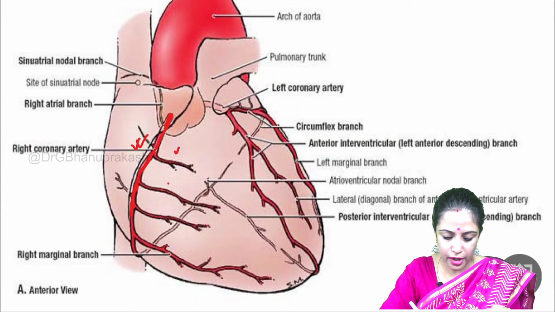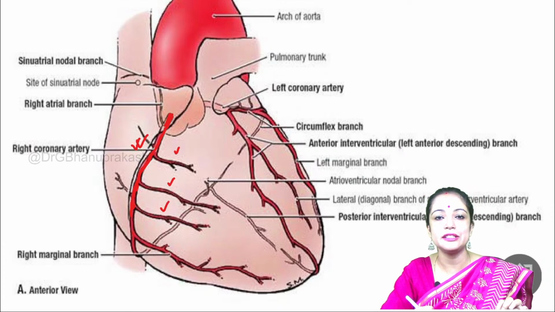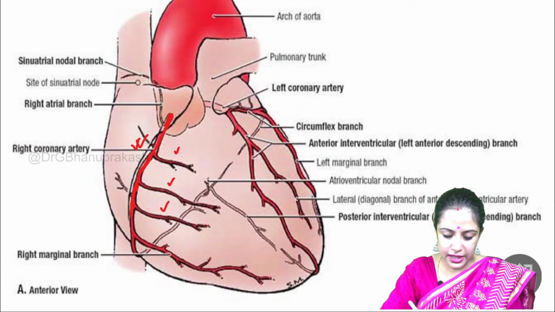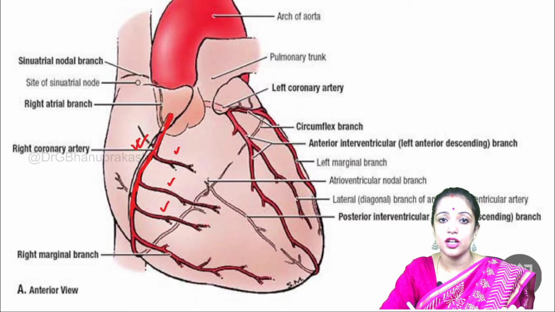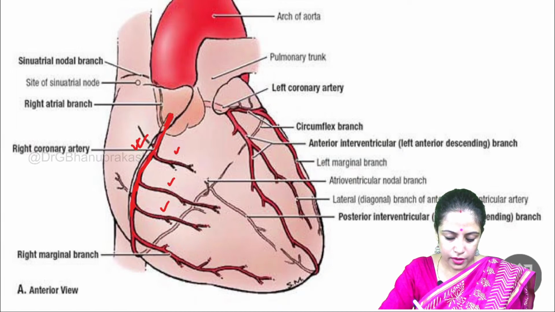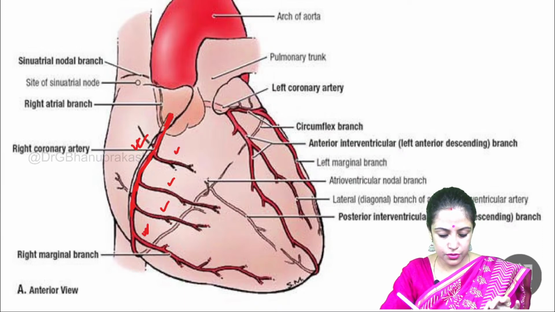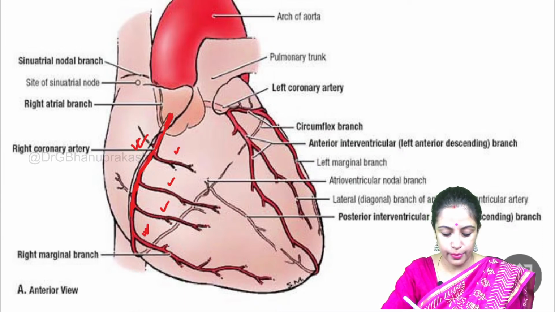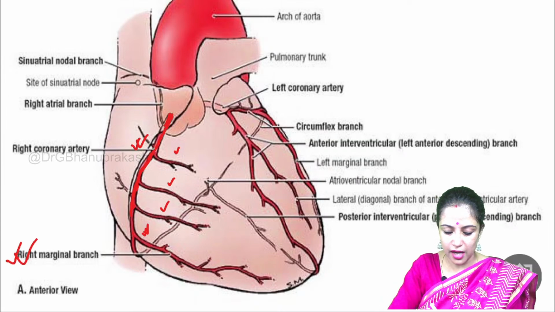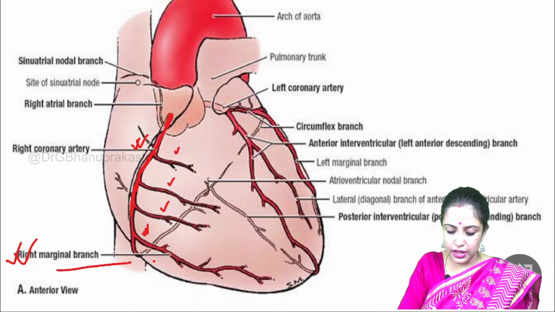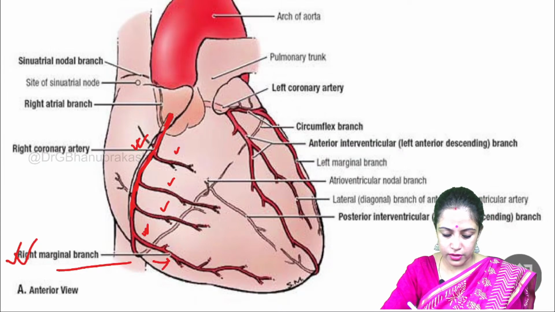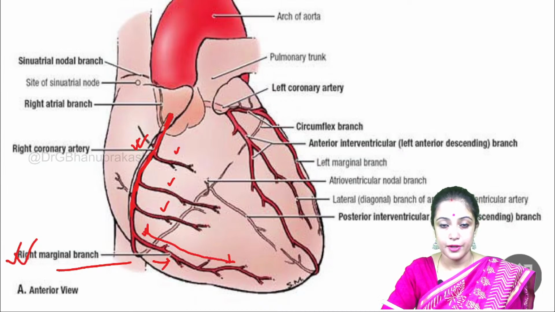These are the small ventricular branches we can see, and they supply the anterior part of the right ventricle. One of the branches of the right coronary artery, the largest ventricular branch, is the right marginal artery, which runs along the lower border of the heart.